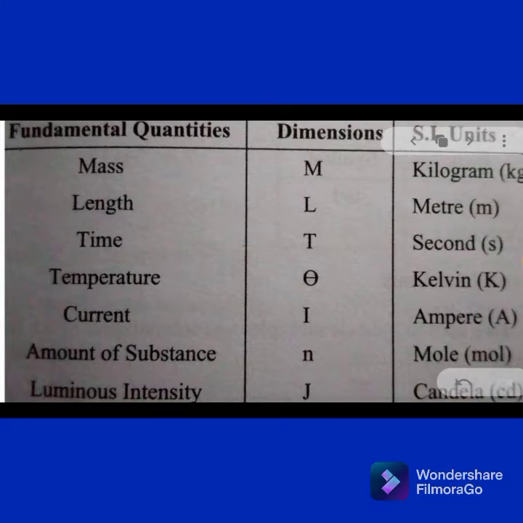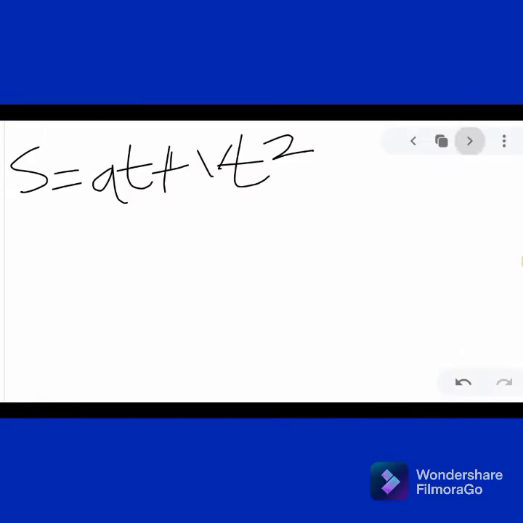Distance is the length moved by an object, that's the definition of distance according to physics. That means distance is the same thing as length, which means it's already a fundamental unit. So I'm going to write it down as S is already L.